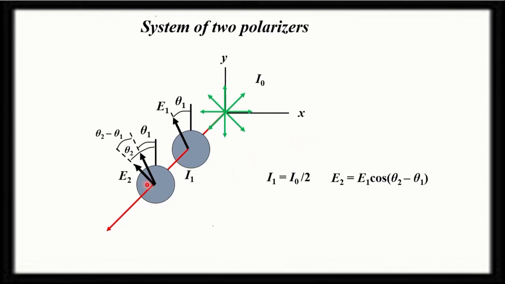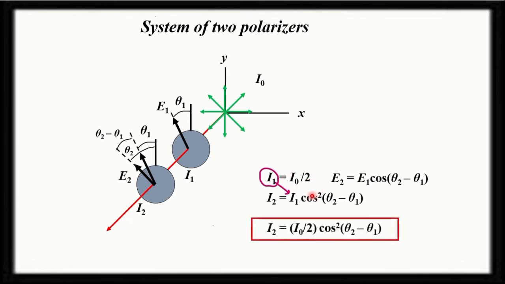Because the intensity I2 of the light after the polarizer is proportional to the square of E2, this intensity can be written in the following form. Replacing I1 with I0 over 2, we will get the final answer for intensity I2.